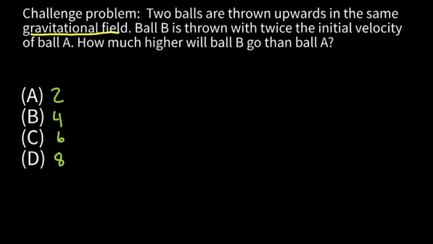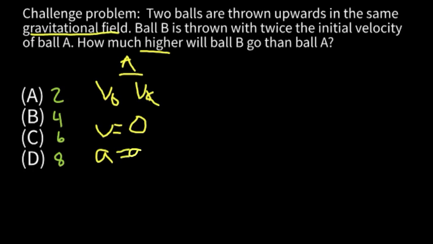Alright, so let's make a chart of what we know. This is going to be for ball A. Ball A has an initial velocity, VA, and we're looking for the maximum height. So that means it's going to have a final velocity of 0, an acceleration of g, and we are looking for delta y.